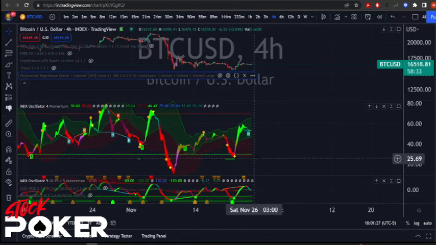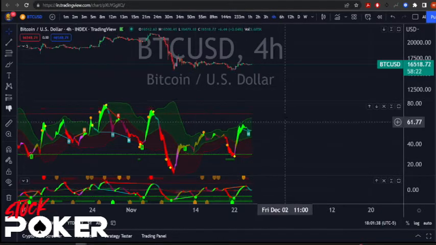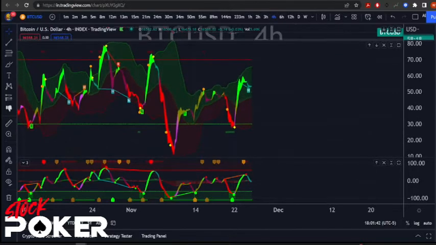Oh yeah, we were talking about how we were going to detail out some alts, but first I was setting up the indicators, and I started going down a rabbit hole about how great the MDX indicator is.